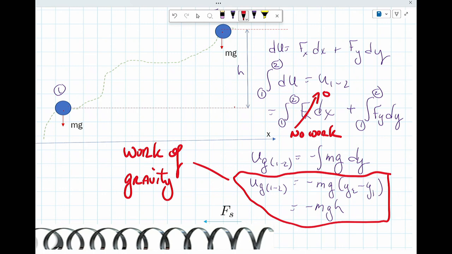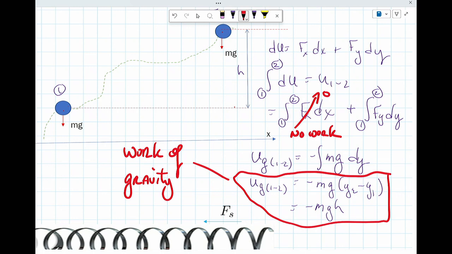So work 1 to 2 is minus mgh. So if I go from top to bottom, or bottom to top, bottom to top, I'm going a positive h, and I'll do negative work. If I'm going top to bottom, I'm going negative h in that case, in which case I'll have a positive work.